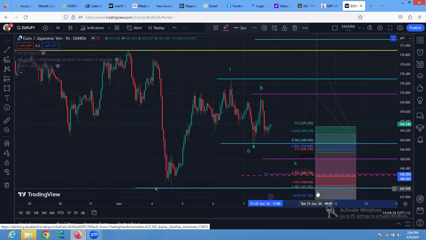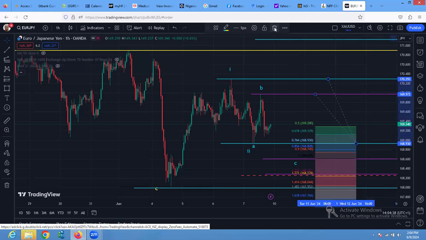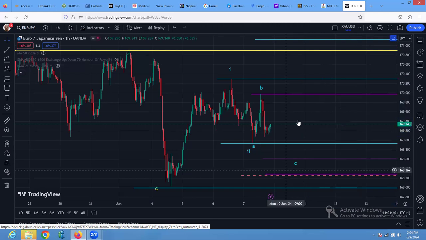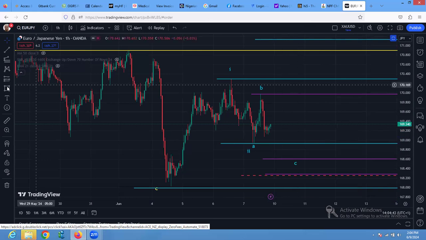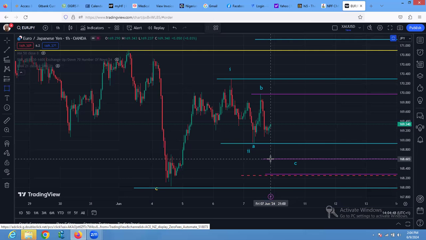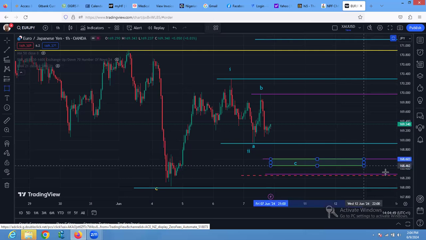So 161.8 is below it, so it cannot do a zigzag of 161.8 if we want to go up. So these are the areas you can have price come to if they break low again to go up.